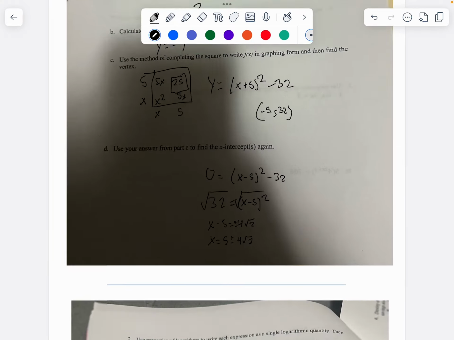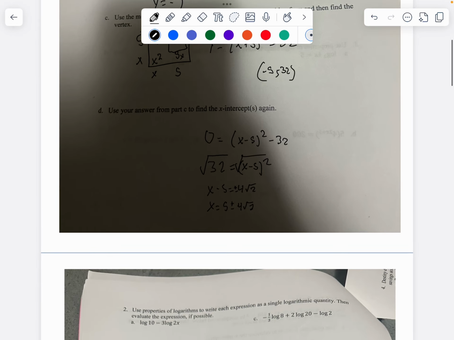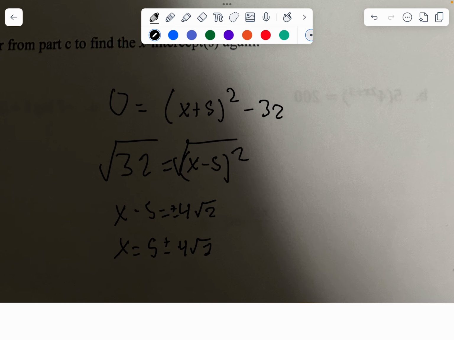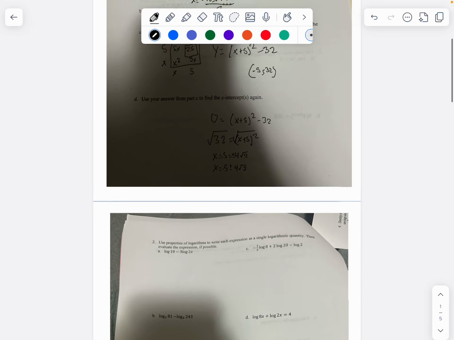That should be the same. Oh, it's x plus 5, and then it'd be negative 5 over here. So we get the same answer as we got up further.